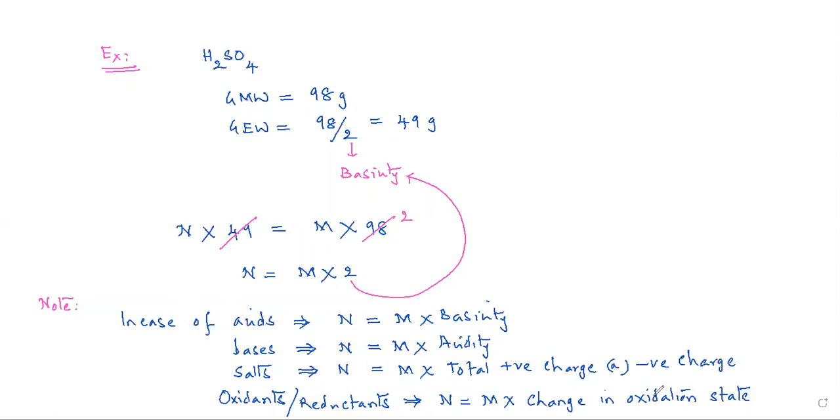So that is all about the relation between normality and molarity. Overall, in general, it can be given as normality is equal to molarity multiplied by, see these all, that is basicity, acidity, charges, change in oxidation state, in general given as n factor.